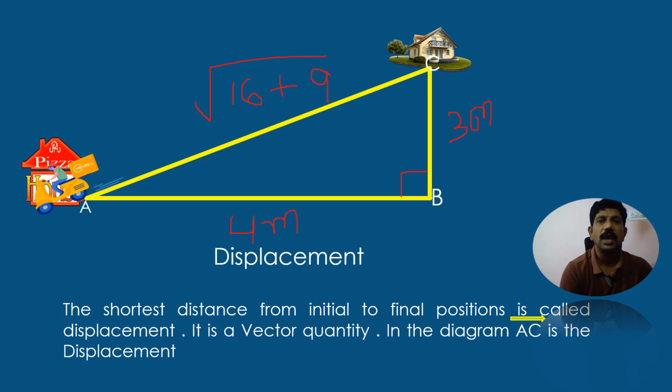The square on the hypotenuse is equal to the sum of the squares on the remaining two sides. That is, AC squared is equal to AB squared plus BC squared. 16 plus 9 is how much? 25. How much did you get? 25.